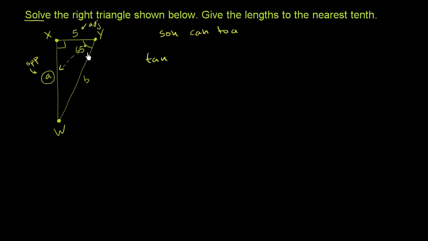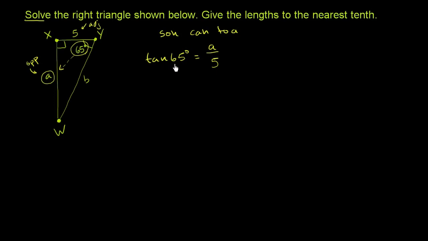So we can say that the tangent of 65 degrees is equal to the length of the opposite side, which we know has length A, over the length of the adjacent side, which they gave us in the diagram, which has length 5. And you might say, well, how do I figure out A?